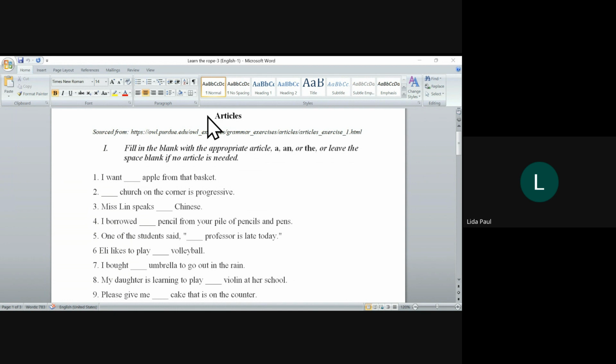Now, the second condition or the second function of the articles is to enable countability, right? So whenever the noun that follows is countable, then you're going to use the articles a or an. And of course, you know the condition, your noun needs to begin with a vowel sound, right? But in general, when you have something that is countable, you're going to use a or an.